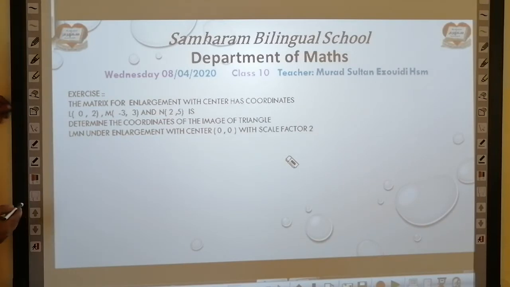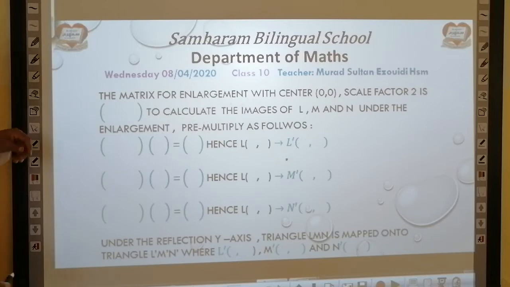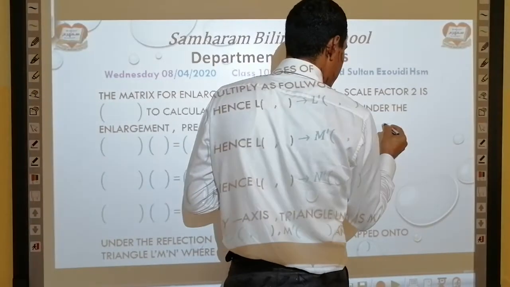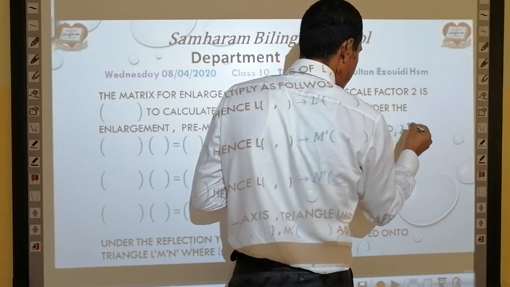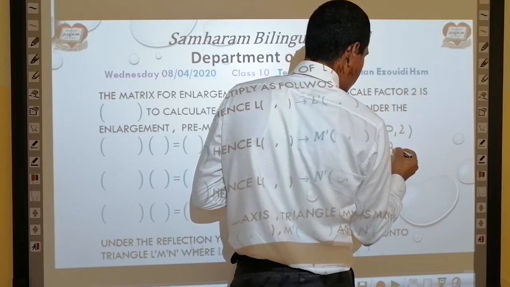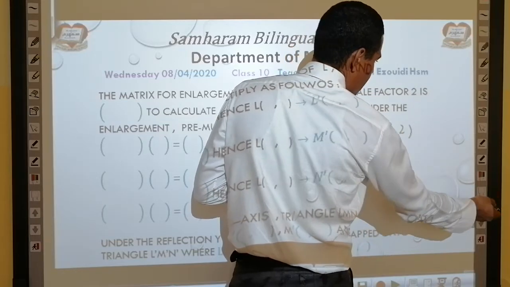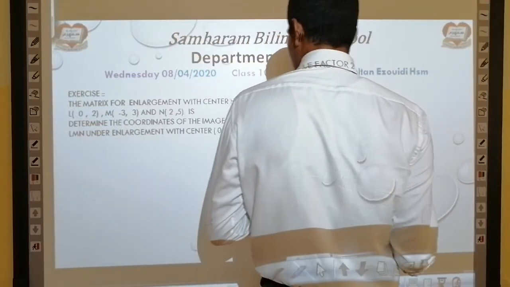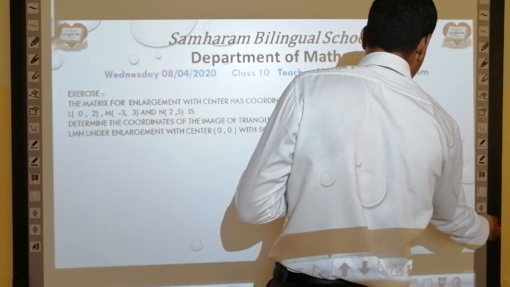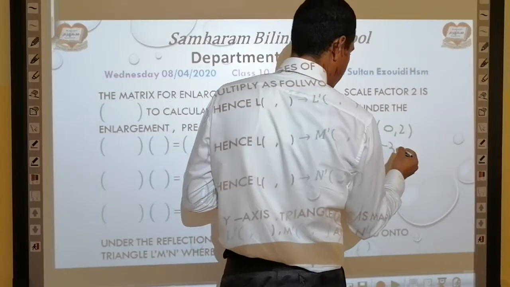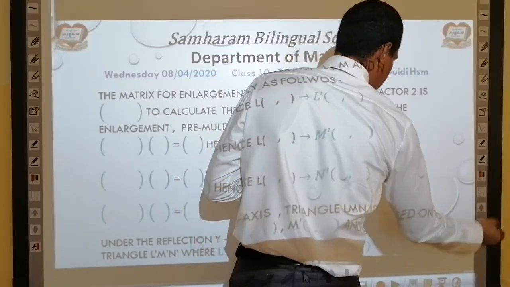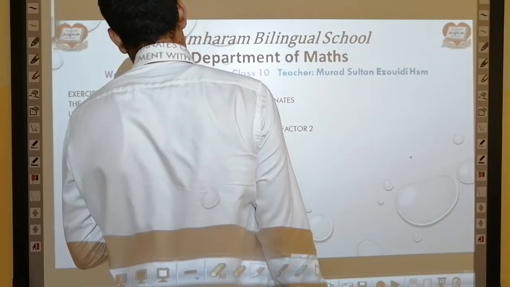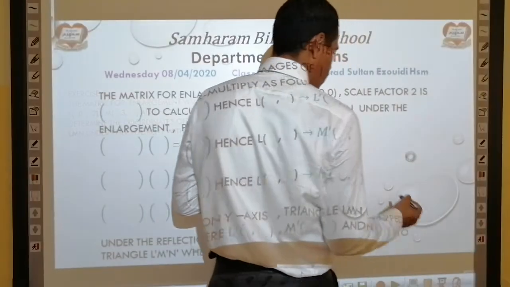We have L (0, 2), M (negative 3, 3), and N (2, 5).